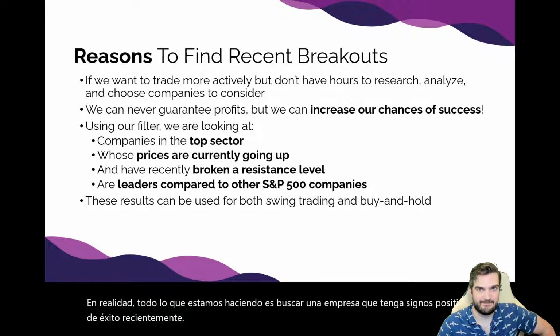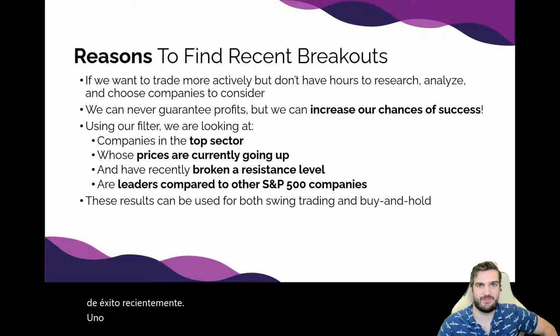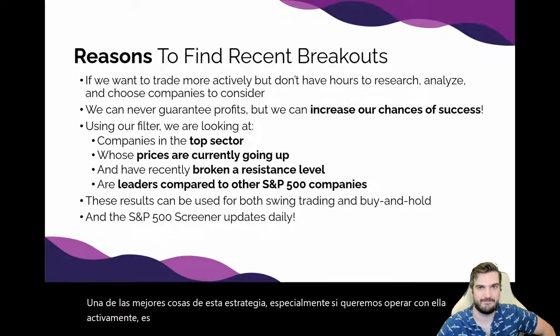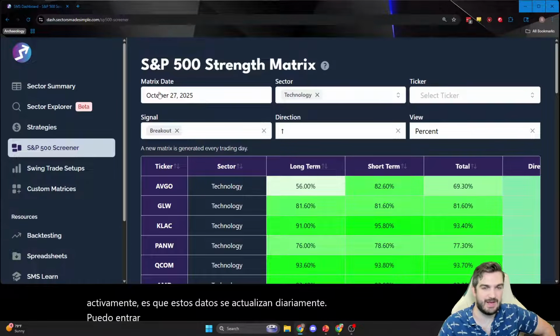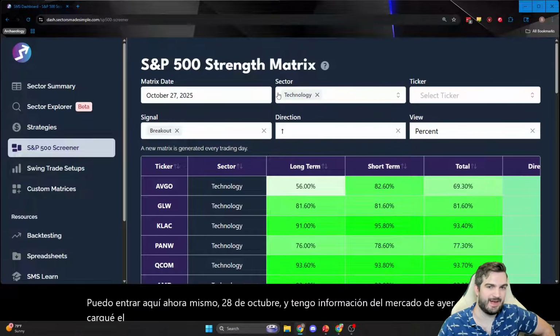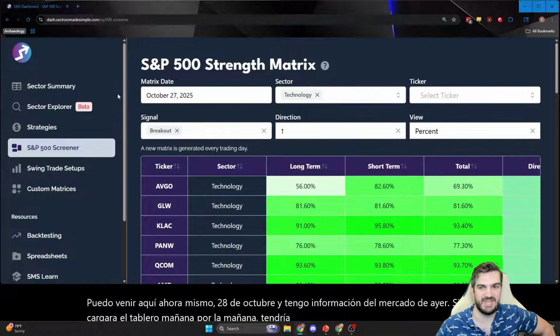And finally, one of the great things about this strategy, especially if we want to trade it actively, is that this data updates daily. I can come in here right now, October 28th, and I have information from yesterday's market. If I loaded up the dashboard tomorrow morning, I would have all of the new information from today.